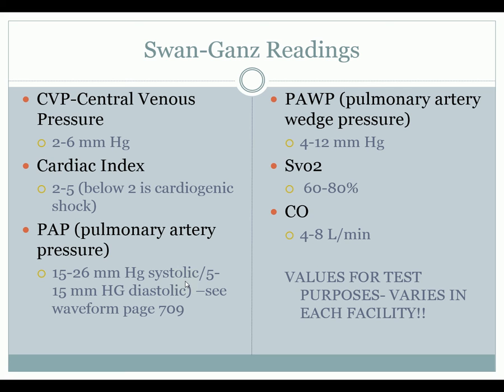This injects air into the balloon after you close it. Then you'll watch the monitor for changes on the waveform. When you see the monitor read the pulmonary arterial wedge pressure reading, you want to record the reading.